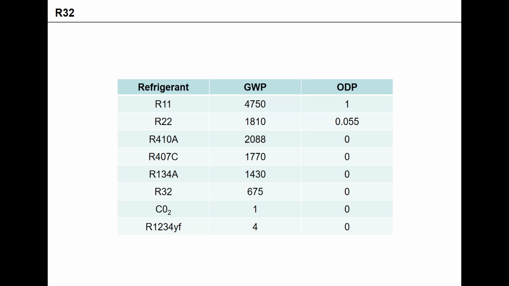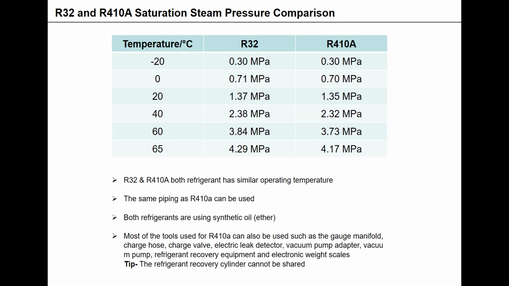So it is very helpful while industries are shifting from R410A to R32, because both have almost the same temperature and the same operating pressure. Both refrigerants use the same kind of oil, that is synthetic oil. So if a company shifts from R410A to R32, they don't have to change the equipment they use for R410A, like the vacuum pump, charging hose, charging valve and electronic leak detector.